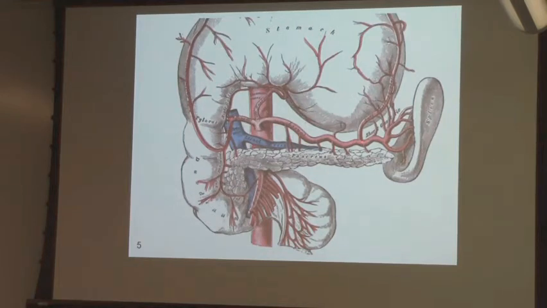Branching off of the splenic, providing blood to the greater curvature of the stomach, is the left gastroepiploic. That comes off of the spleen.